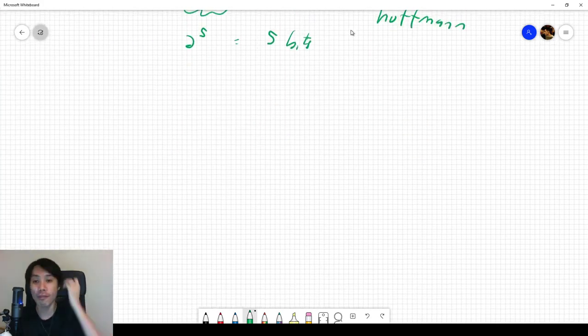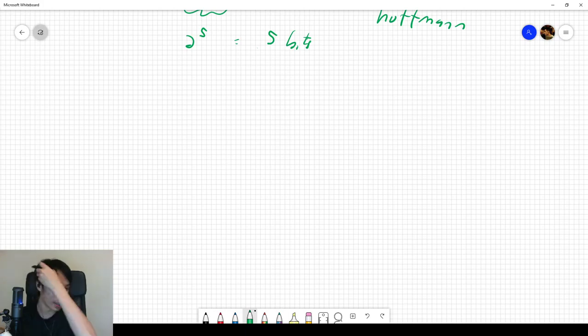The power of Huffman coding is when you build a tree. The tree which you're building is a binary search tree.